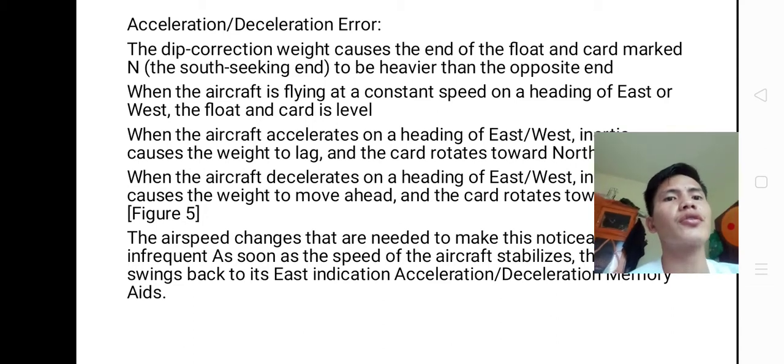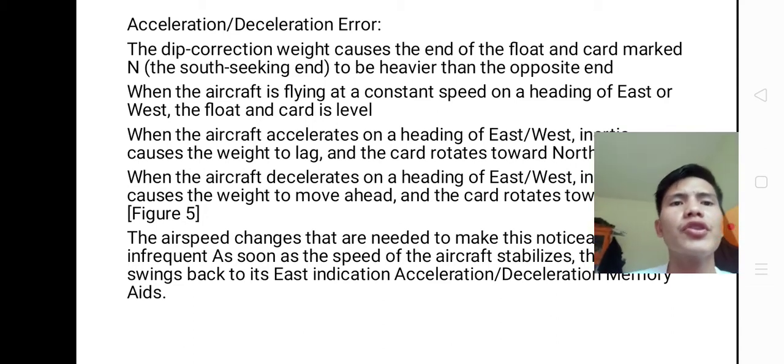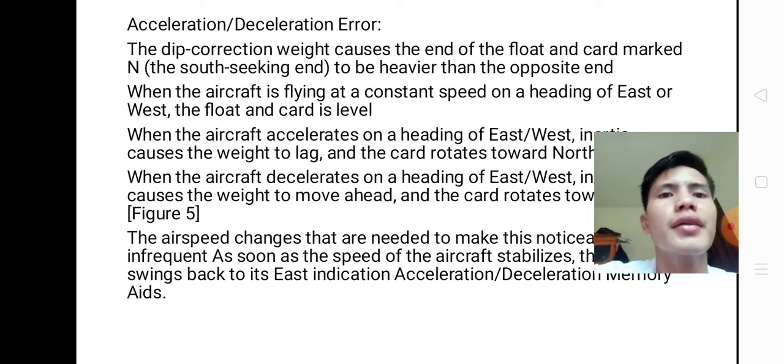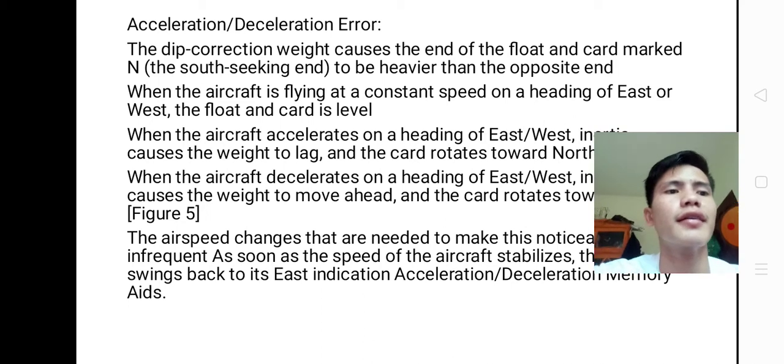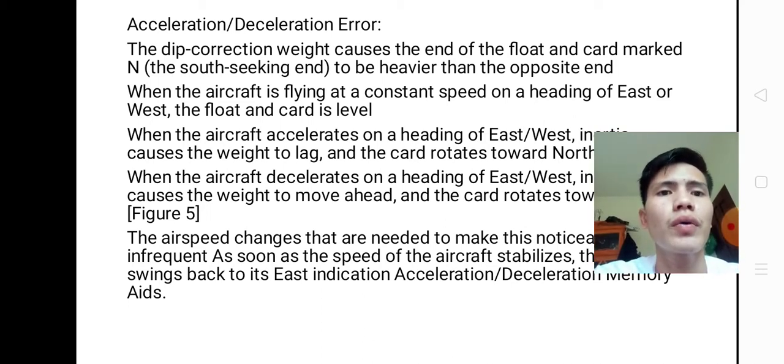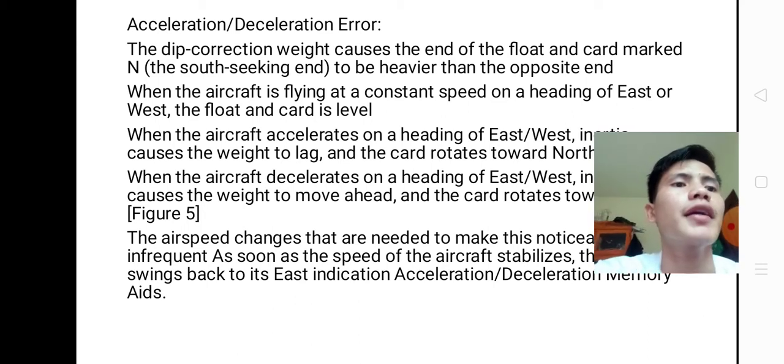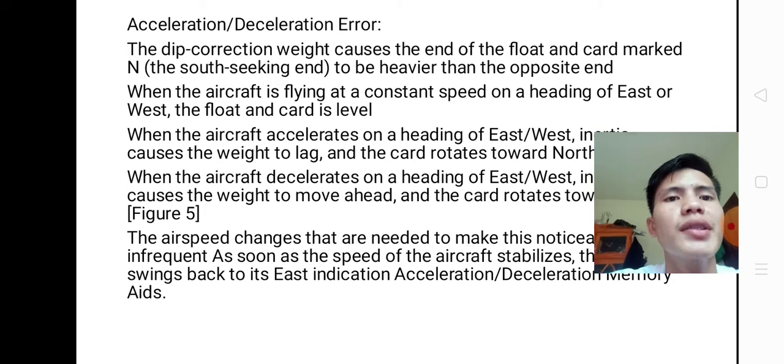Acceleration and deceleration error. The dip correction causes the end of the float card marked north, the south-seeking end, to be heavier than the opposite, and when the aircraft is flying at a constant speed on a heading of east or west, the float card is level.